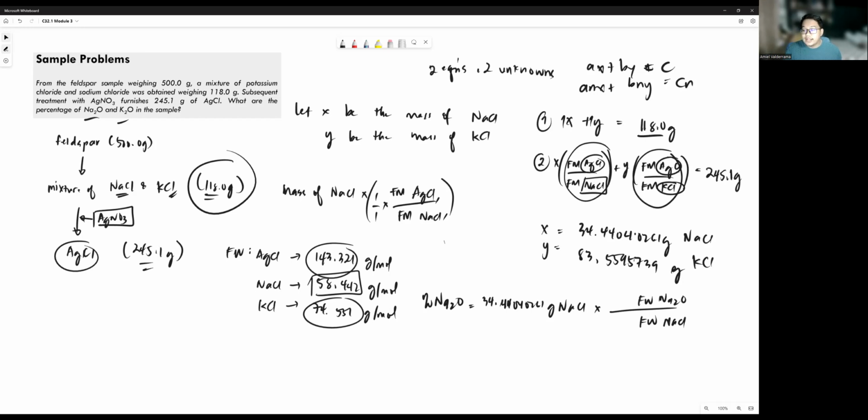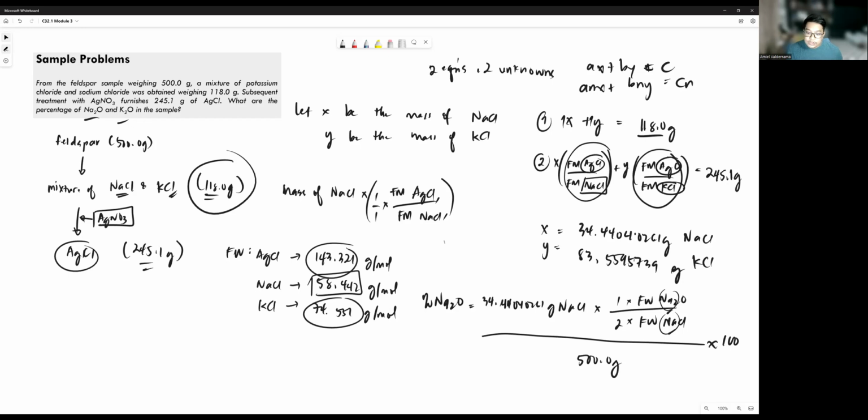Multiply to its coefficient. And ang ating coefficient dito is, ang compound of interest na natin dito ay yung ating sodium. And if you can compare this, you have 2 sodium here and you have 1 sodium here. And to balance this out, you have to put 2 here and 1 here. Okay? So in essence, you have grams of Na2O here. And then, after which, you will divide this to your mass of your sample, multiply to 100.